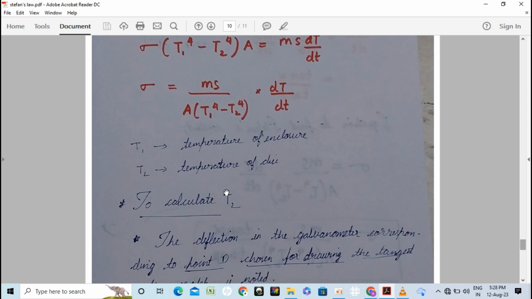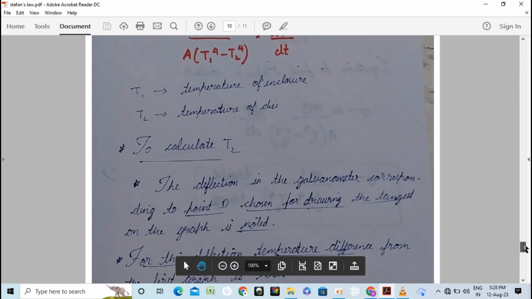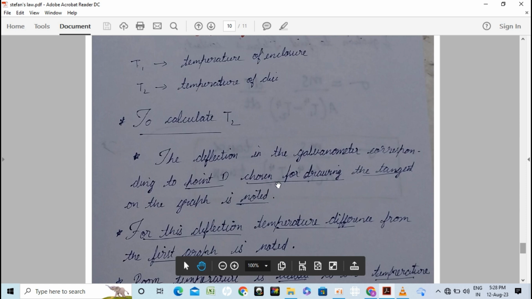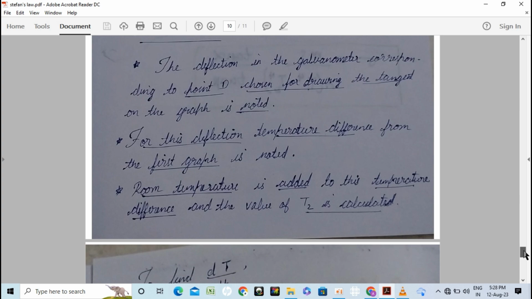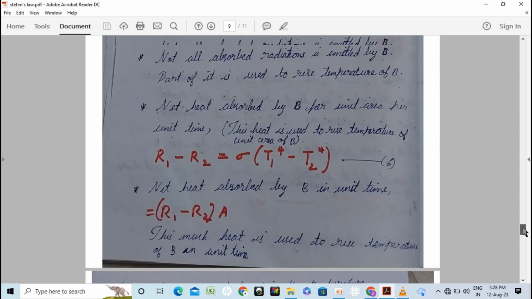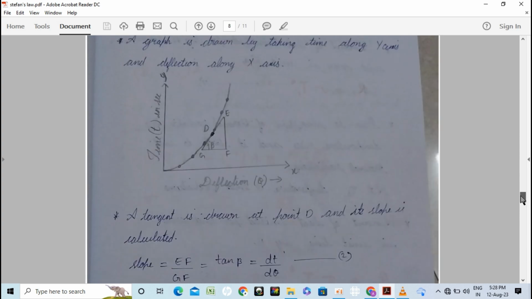How to calculate T2? The deflection in the galvanometer corresponding to point D, which is chosen for drawing the tangent on the graph, is noted. For this deflection, the temperature difference from the first graph is noted and room temperature is added to this temperature difference. This is how the value of T2 is calculated. Once more I will explain.